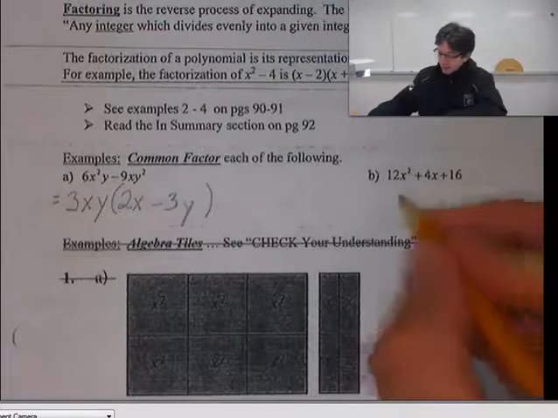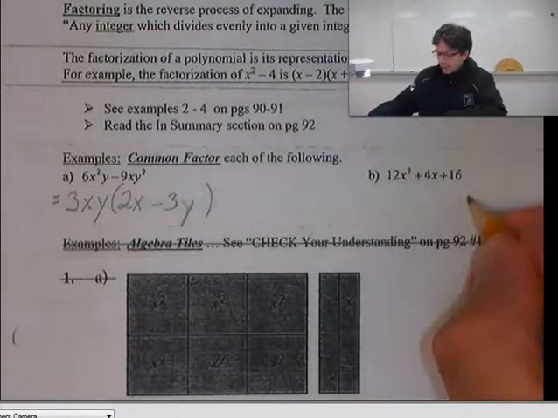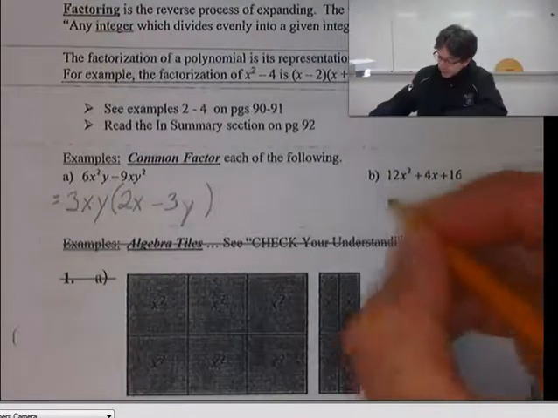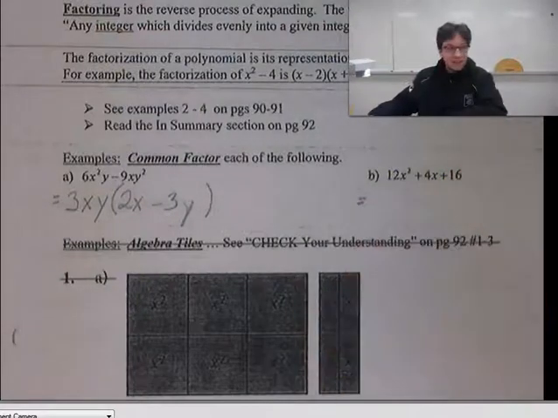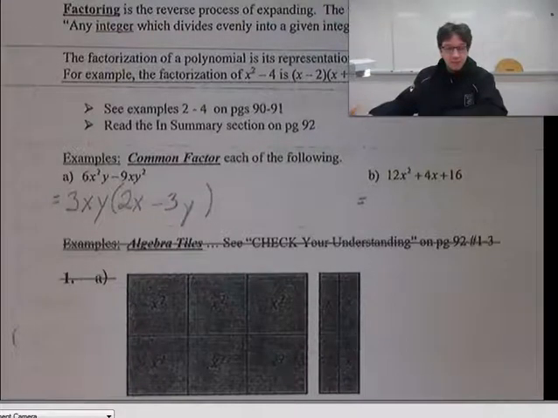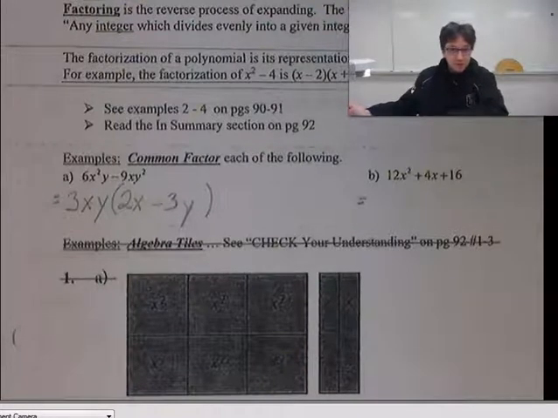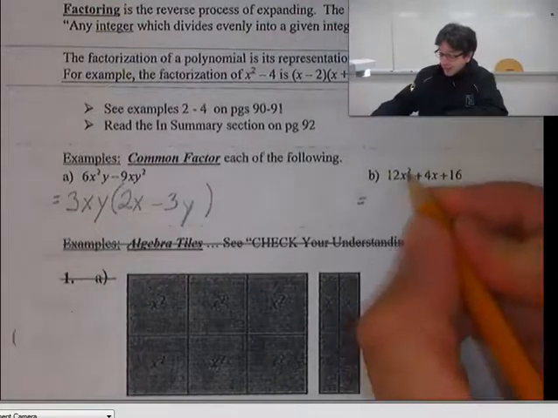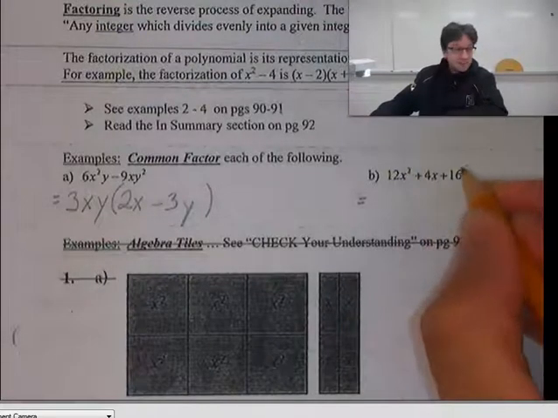Okay. Now the second one looks like a tricky trinomial. But what we're just going to do is pull out a common factor. That should be the first thing you do when you're trying to factor any question before using decomposition or any other factoring technique. First, see if there's a common factor that you can pull out, because if there is, you can make the question a lot simpler. And in this case, there definitely is. I mean, not an x, because here we have an x squared, an x, and we don't have any x term.